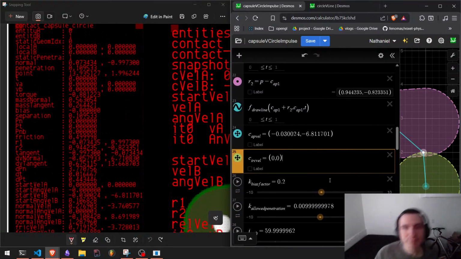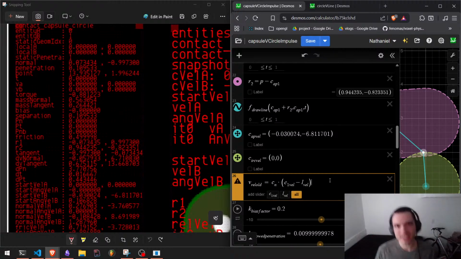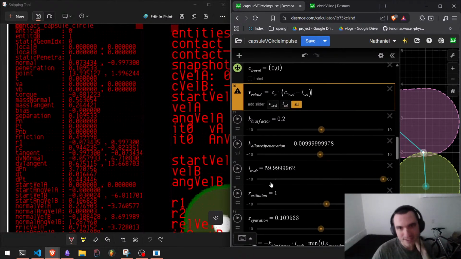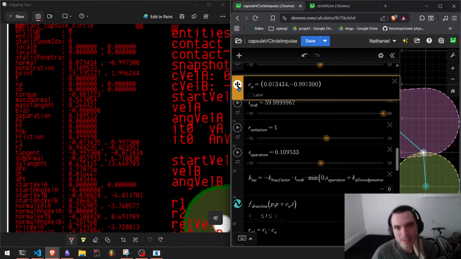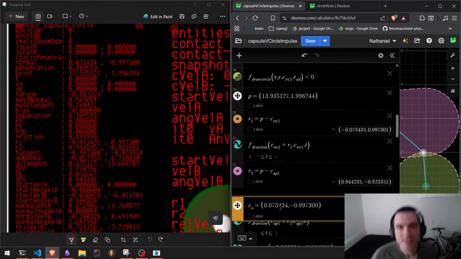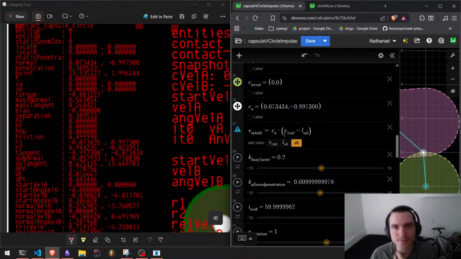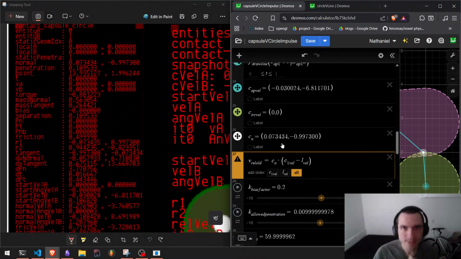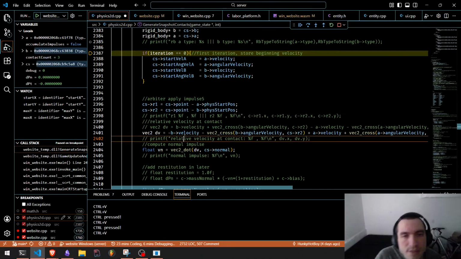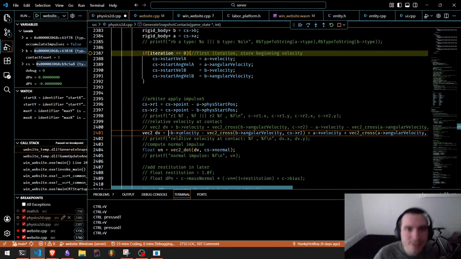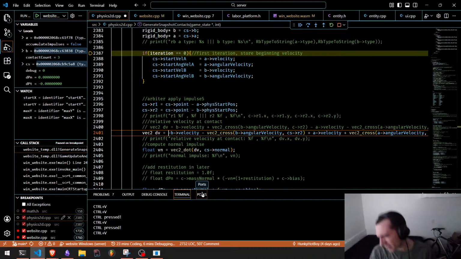We have the capsule velocity, the circle velocity. We have Cn. Drag that up here. Again, this is the contact normal, collision normal. And so this is where we have the first problem, because in my code, I had to flip around the signs when I was first getting it to work for the circle versus the line.